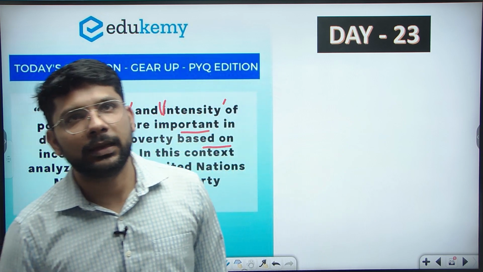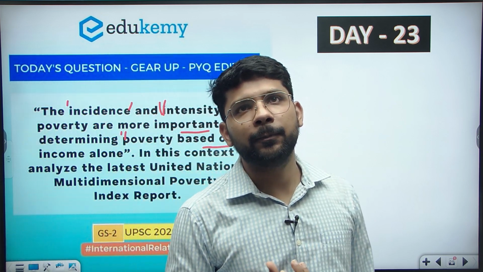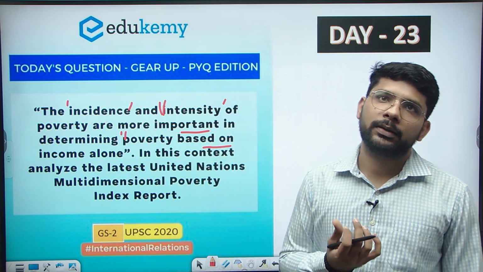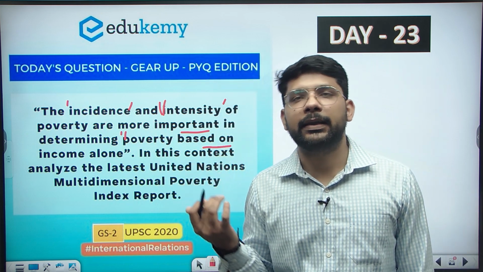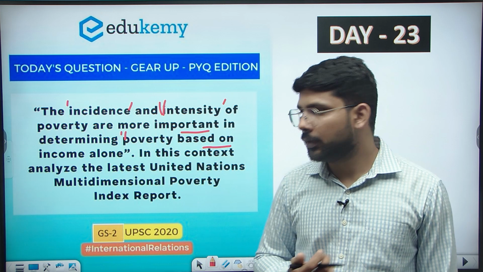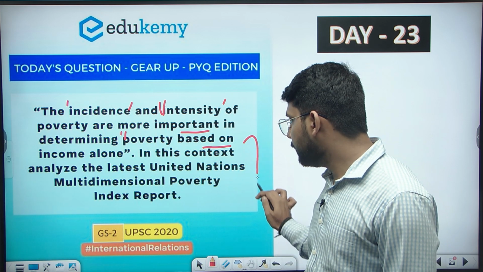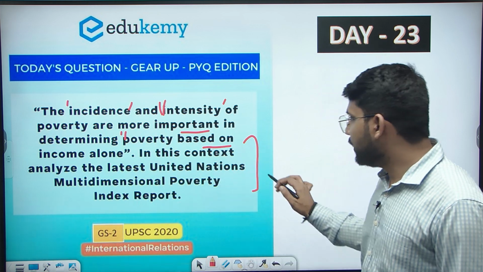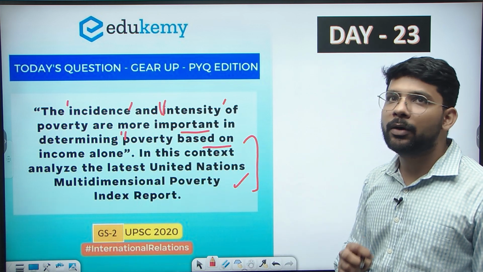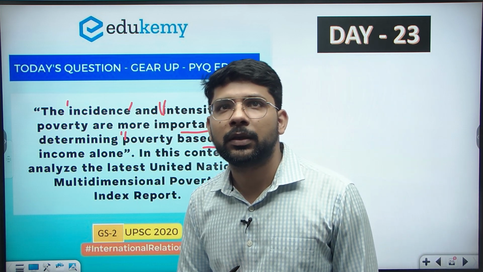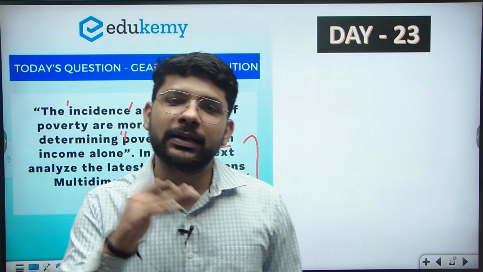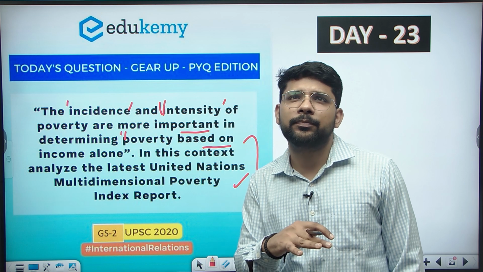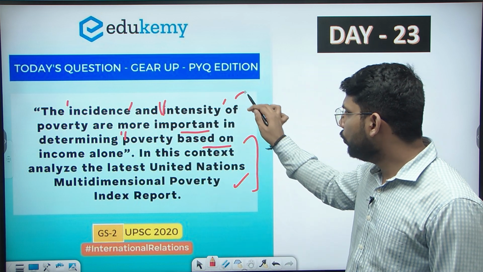In this context, analyze the latest United Nations Multidimensional Poverty Index report. So we need to analyze the United Nations Multidimensional Poverty Index, and also address the first part of the question.